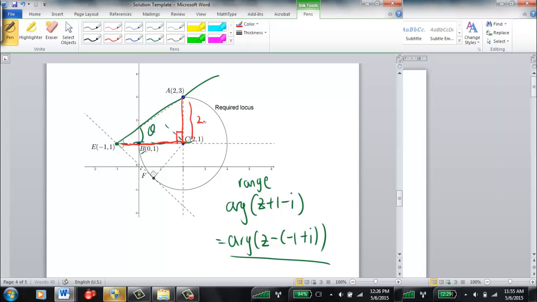And the distance here is, if this is 2 and this is negative 1, it will be 3 units. So tangent theta is opposite over adjacent. Right? So theta is equal to 0.588. Okay?